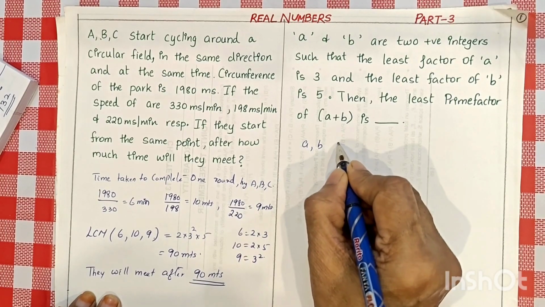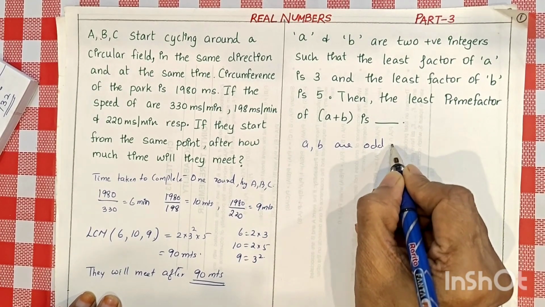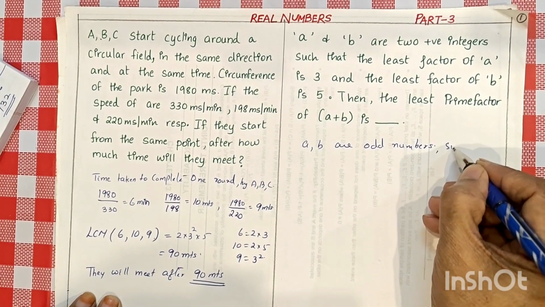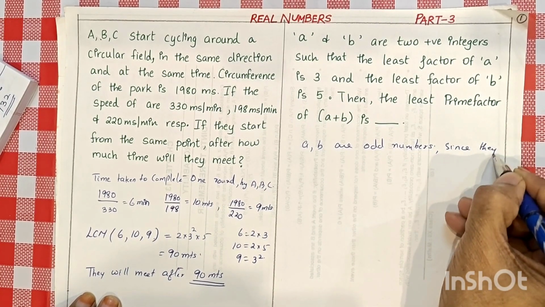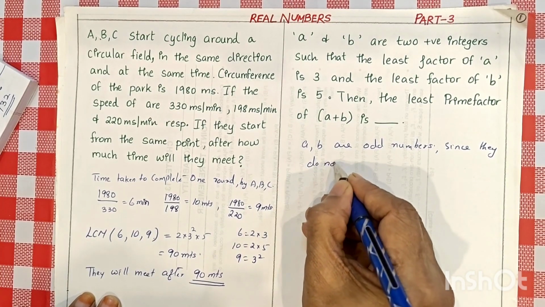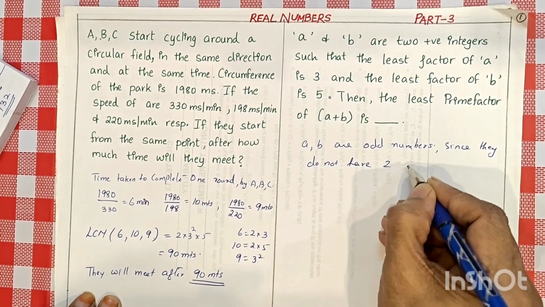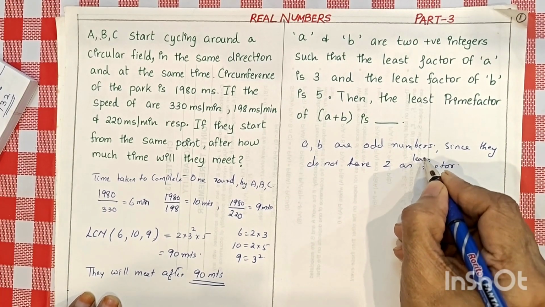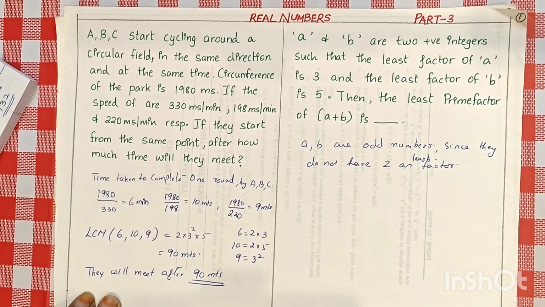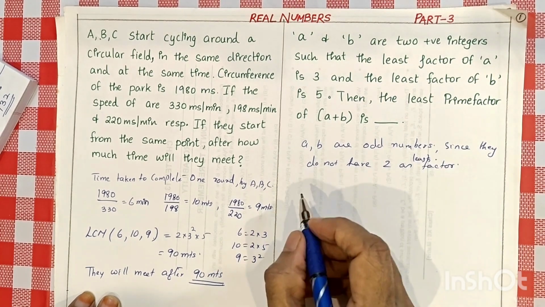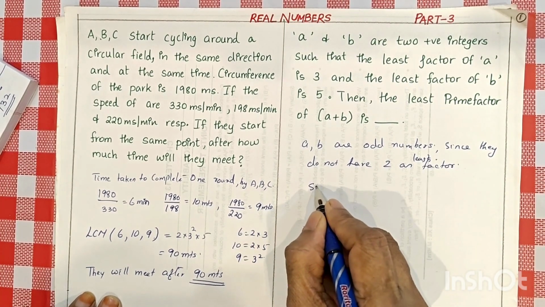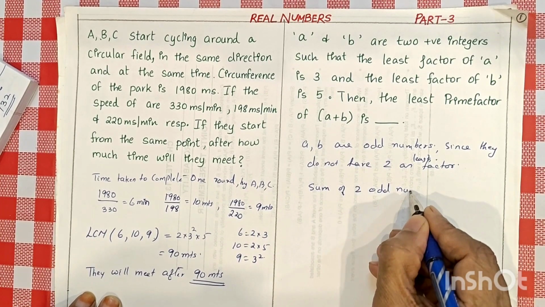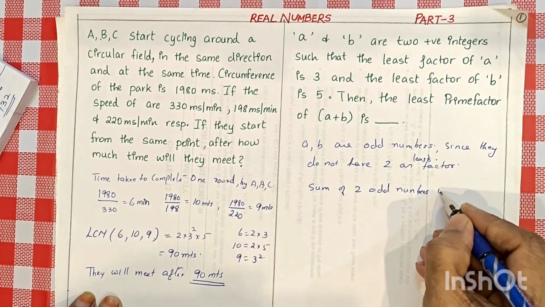A and B are odd numbers since they do not have 2 as least factor. Now A plus B. So the sum of two odd numbers is always even.